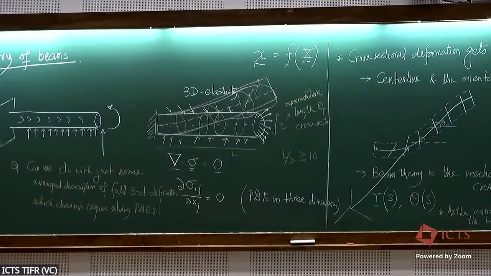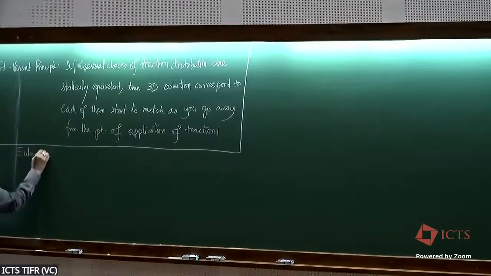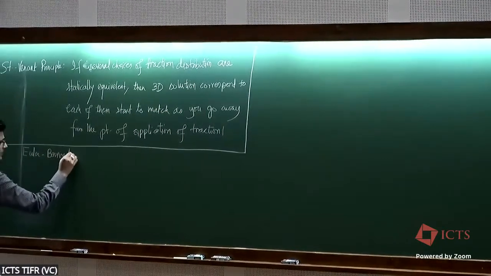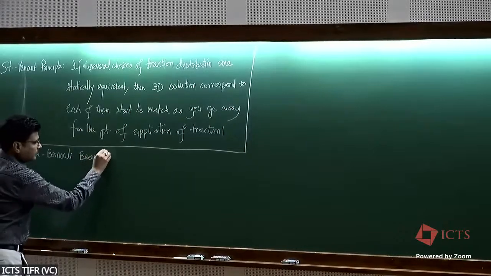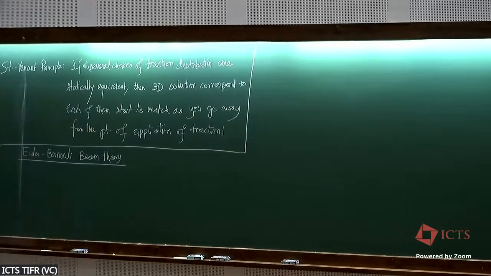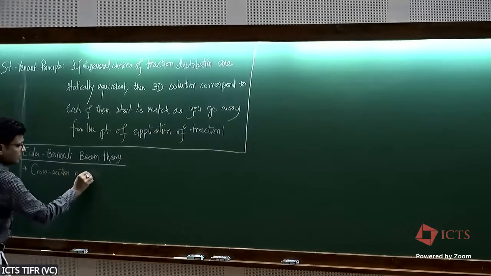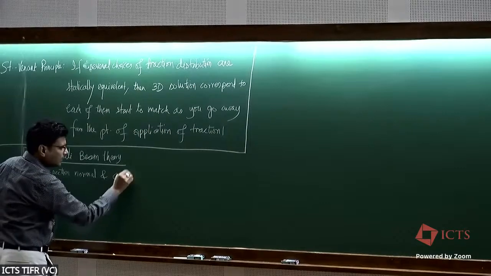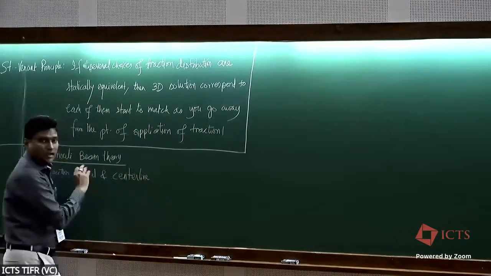Okay, so now that we have this motivation, let's talk about the simplest beam theory, which is the Euler-Bernoulli beam theory. In this beam theory, the first assumption is that the cross-section normal and center line tangent are aligned.